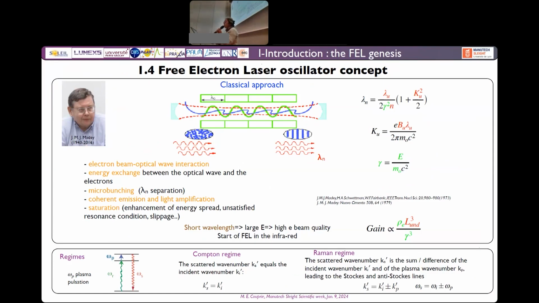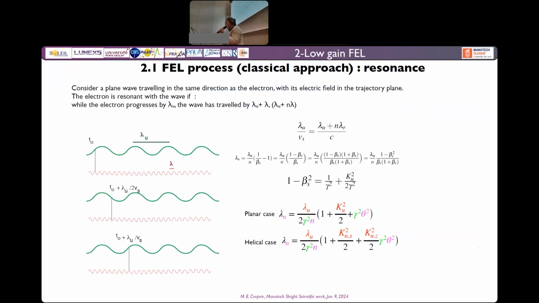So John Madey, after having found that he can have gain, then I go into a bit more detail about the gain process and how we have this free electron laser model. Another way to look at this approach for having gain is to see whether we have a resonance between the electrons and the photons, which is the synchrotron radiation emitted by the electrons and stored in the optical resonator.